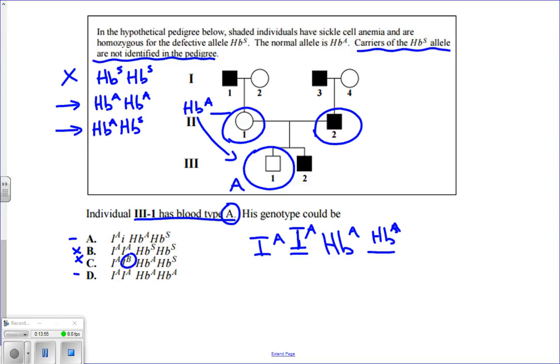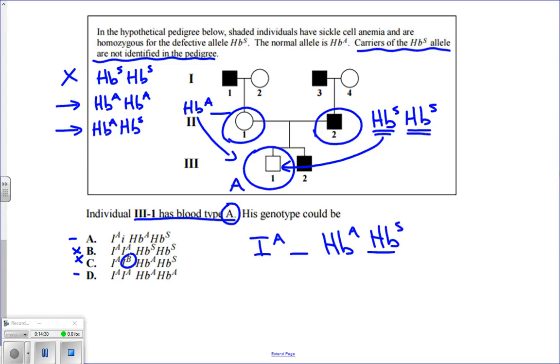We don't know that it did, but it could have. Now, the other parent, individual 2-2, well, this individual is HBS HBS because this individual has sickle cell anemia, which means this individual has only an HBS to give to individual 3-1, which tells us that we can now fill in this allele as an HBS. So we know that one's an HBS. We still don't know what this one is.